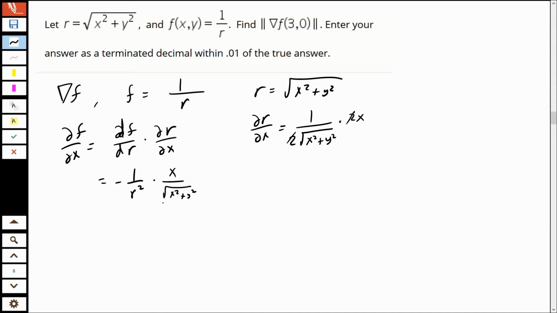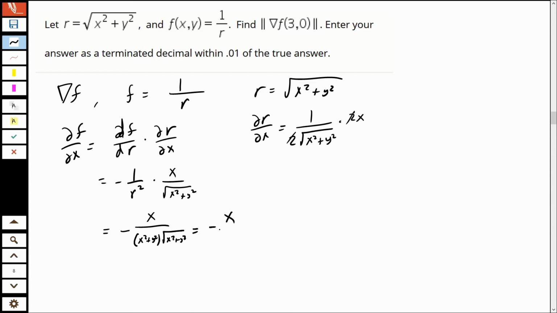So this is r squared. That's going to be minus x over (x squared plus y squared) times root (x squared plus y squared).